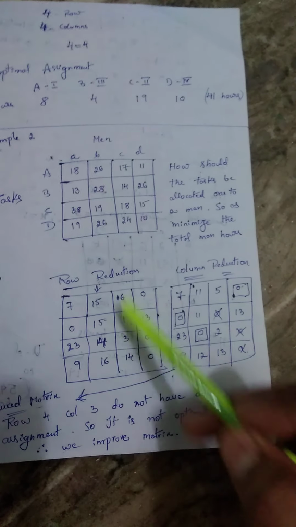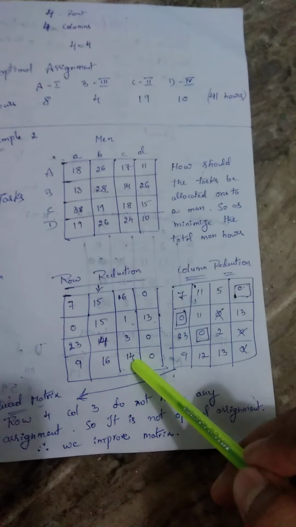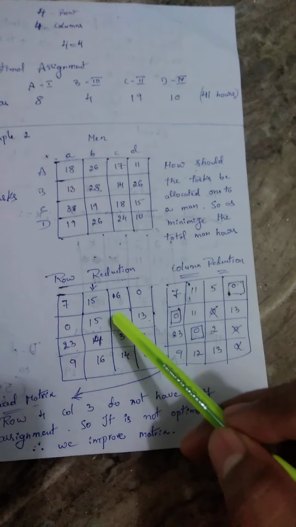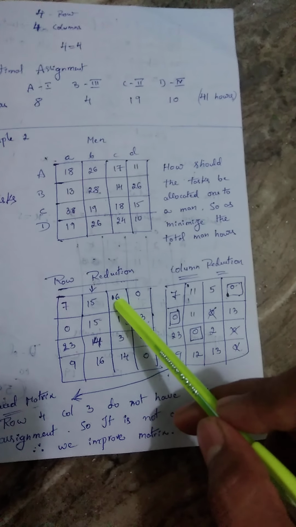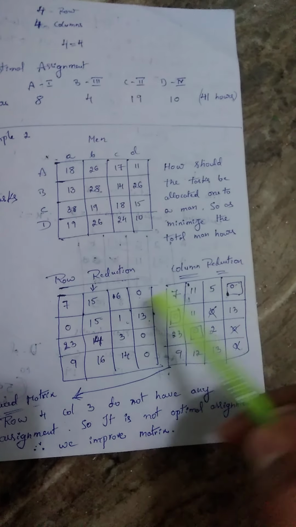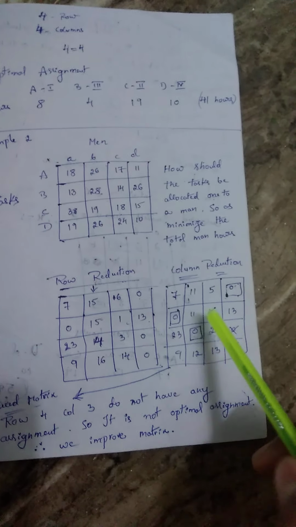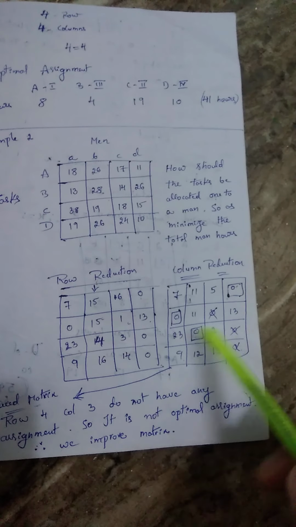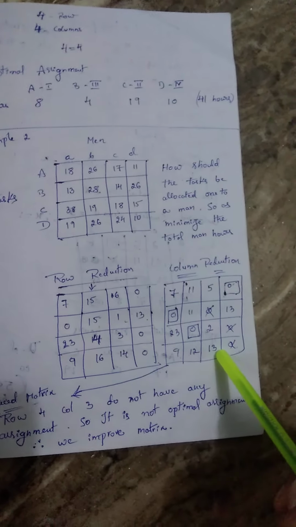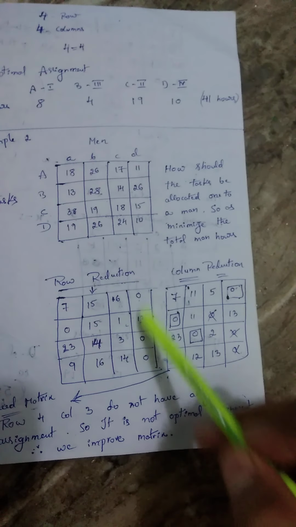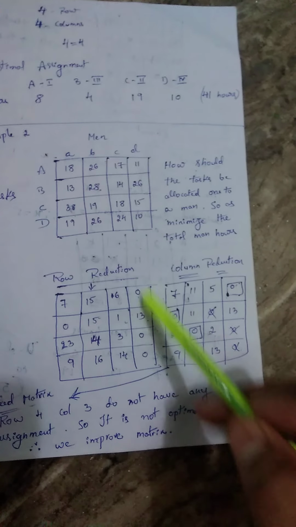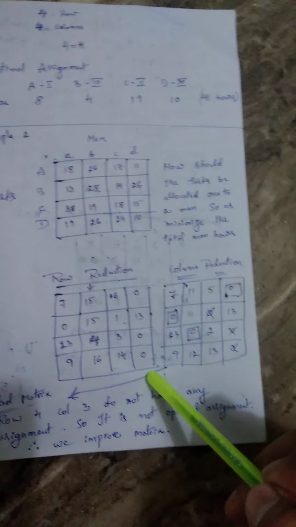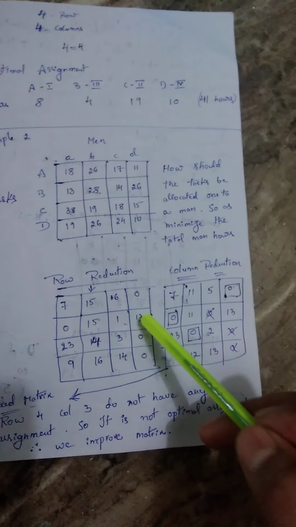And coming to the third column, 1 is the smallest element. 6 minus 1 gives 5. 1 minus 1 gives 0. 3 minus 1 gives 2. And 14 minus 1 gives 13. In the last column, the smallest element is 0, so subtracting 0 from each element, we get the same elements: 0, 13, 0, 0.